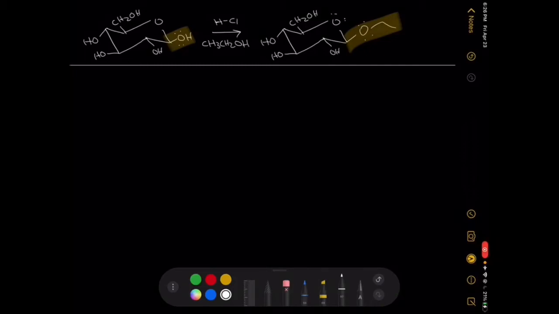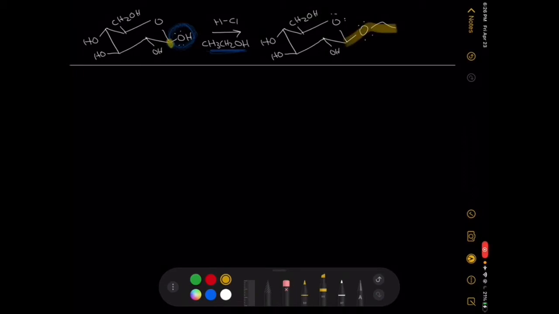Okay, so the first step is to convert this oxygen, this OH right here, into a good leaving group, so it can leave and this can attach right here instead of the OH.